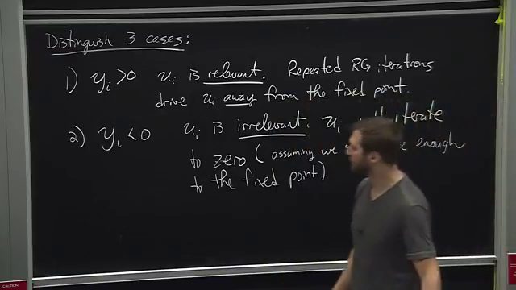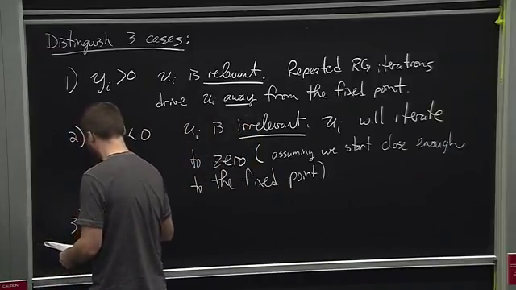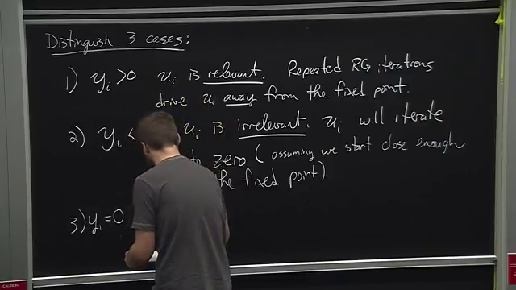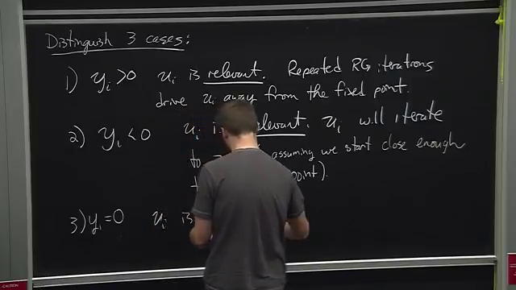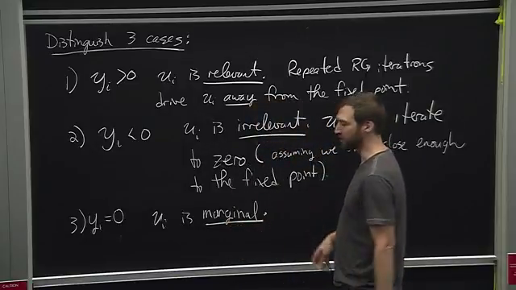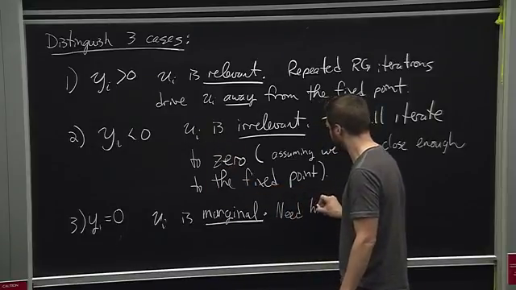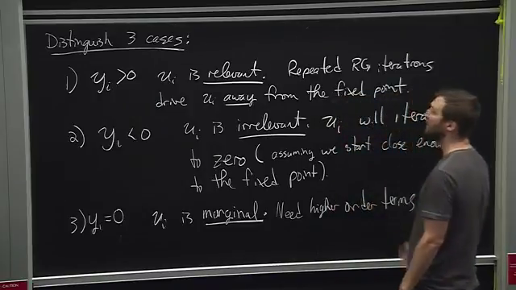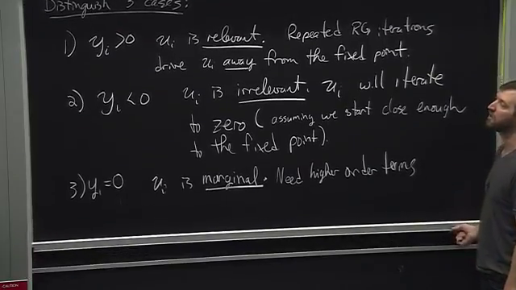There's also the case where the y's can be 0, which is called marginal, which means it's not so easy. You basically need higher order terms in the Taylor expansion to tell you what's going on. I don't think we'll deal with marginal relevance in this class too much.